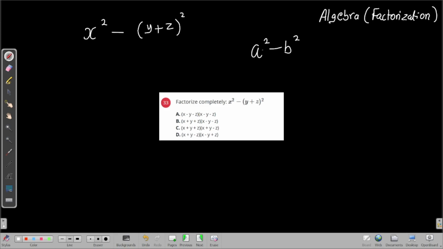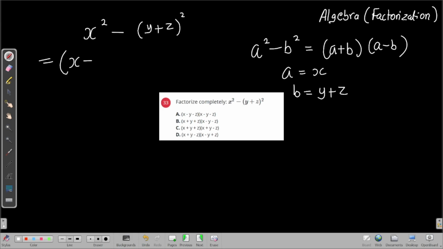It is a squared minus b squared equals a plus b times a minus b. So in our example here, a is x and b is y plus z. So x squared minus (y plus z) squared is equal to x plus y plus z, times x minus (y plus z), because y plus z is now our b.